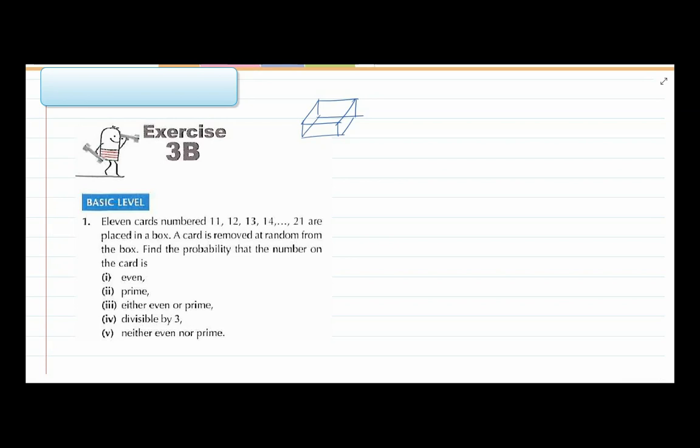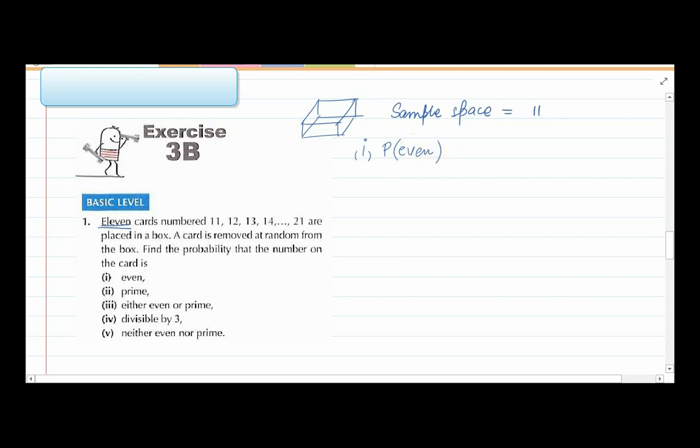So before starting the question, first we talk about the sample space. How many cards are in the box? There are 11 cards, so the sample space is 11, right? In the first part it says find the possibility of even numbers.